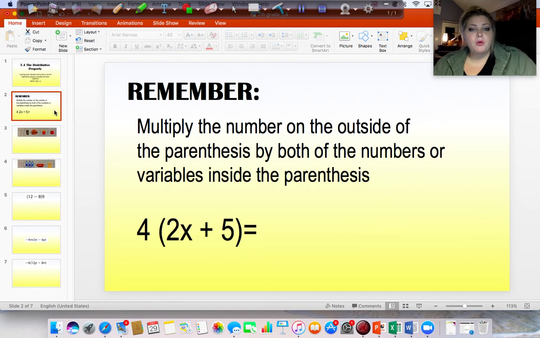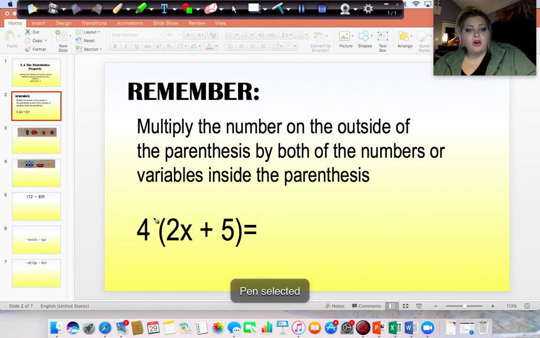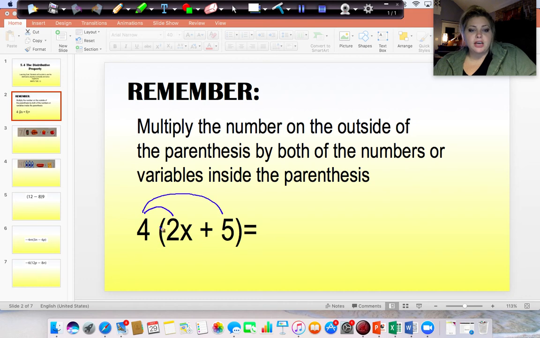Remember, multiply the number on the outside of the parentheses by both of the numbers or variables inside the parentheses. We call this a double rainbow, or I think of it as a Santa Claus hat too. So 4 times 2x plus 4 times 5.